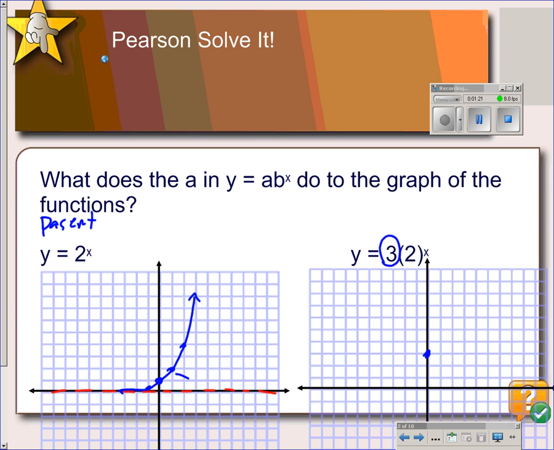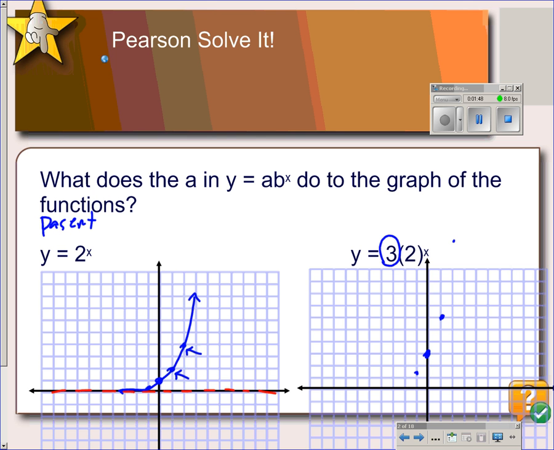This point that was at 1, 2 is going to be at 2 times 3 is 6. Every point gets the y value multiplied by 3. So this point that was at 4 will now be at 12. So it's going to be up here somewhere. This point that was at 1/2 will be at 1/2 times 3. So that's 1 1/2.